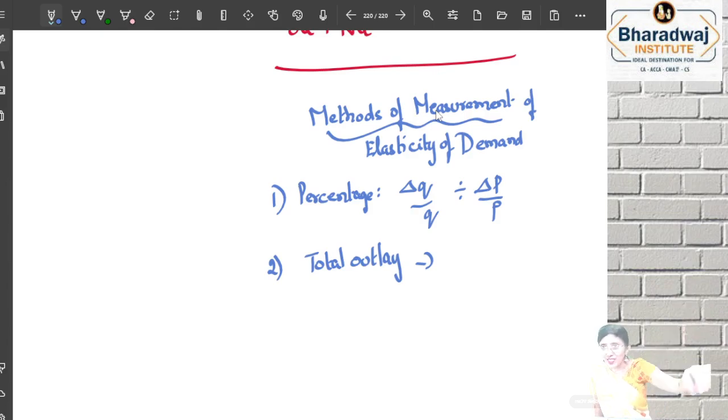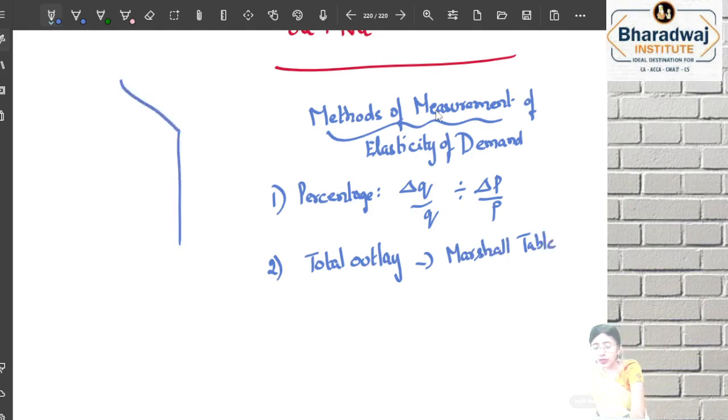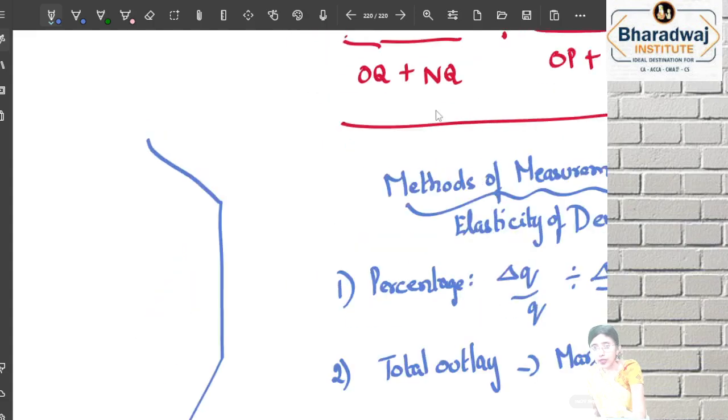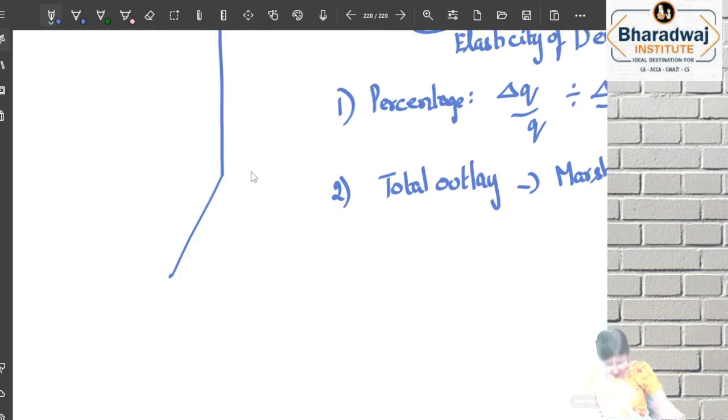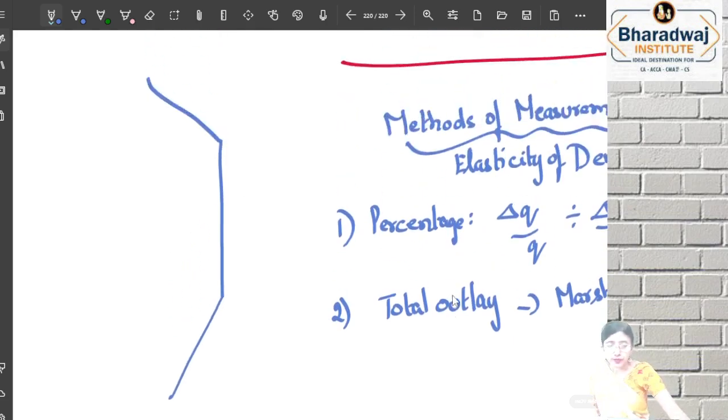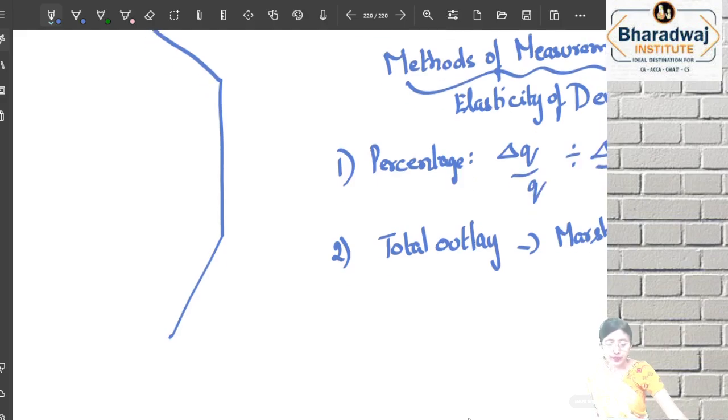Based on that you had elasticity, isn't it? So total outlay method, Marshall's table. And you remember that curve which was like this, no? You remember the TE curve? You remember that?